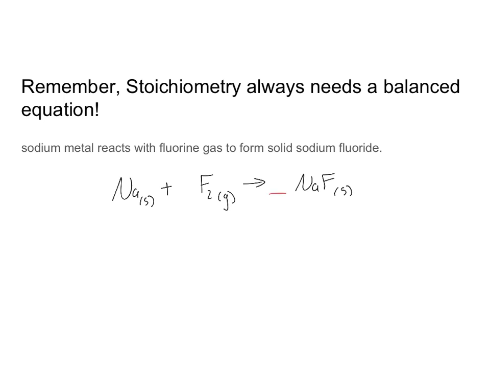And then to balance this particular reaction, I need to place a coefficient of 2 here, a coefficient of 2 here, and a coefficient of 1 there. Now, I'm going to be using this particular reaction for the next few slides, so I'm going to take a second and cut it out and put it over on the next slides now.